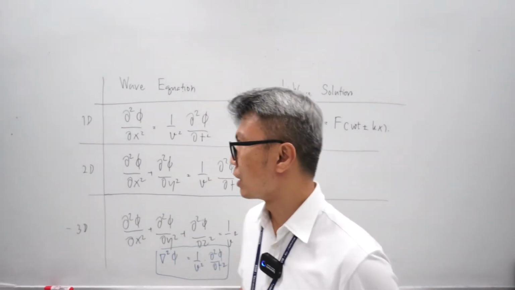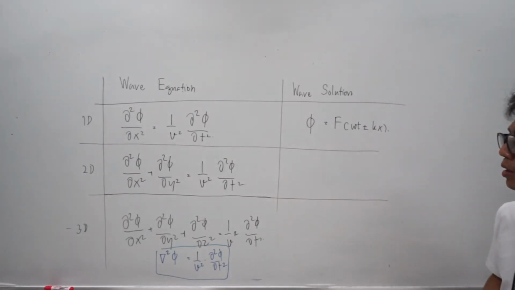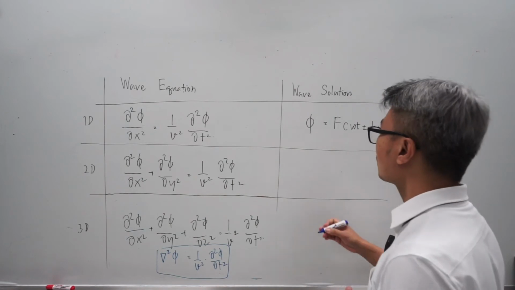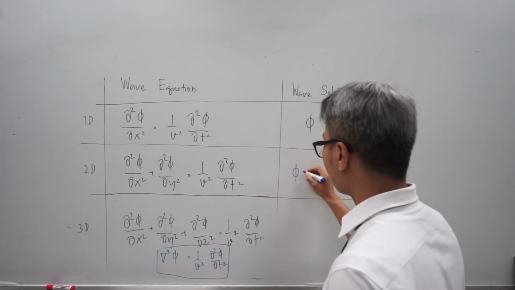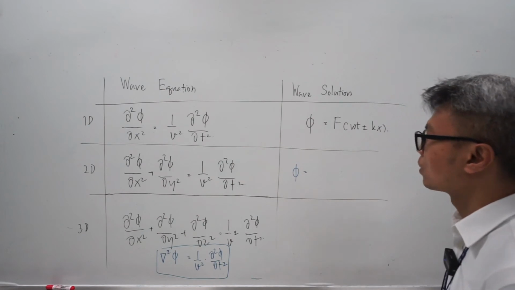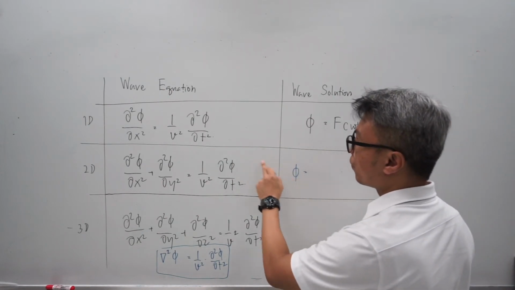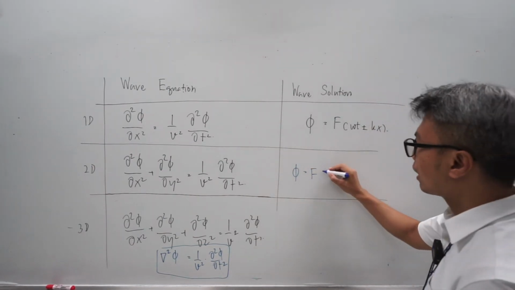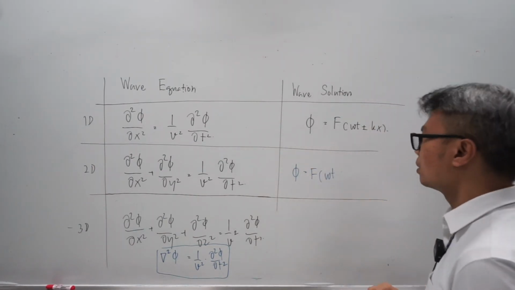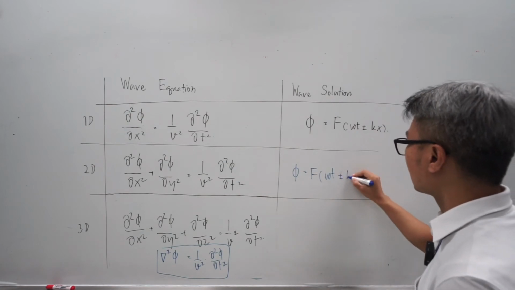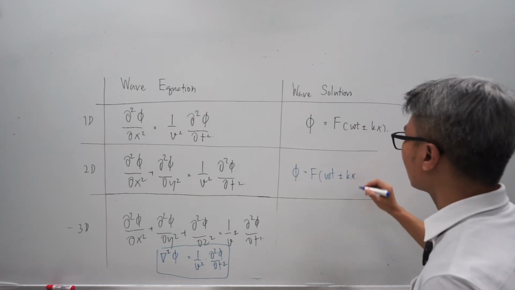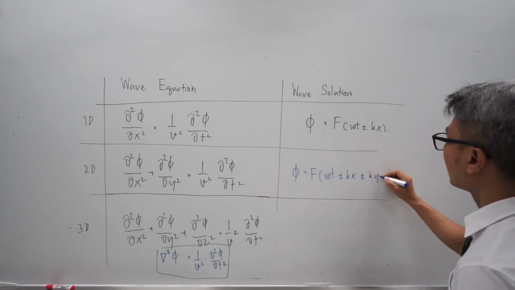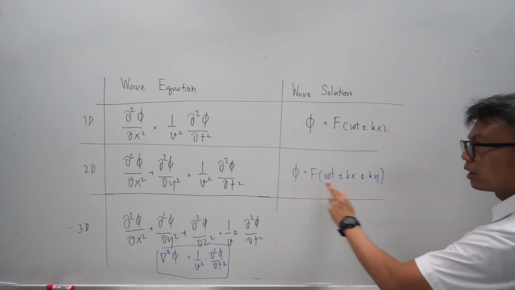The wave solution in 2 dimensions and 3 dimensions is also quite intuitive. For the 2-dimensional wave solution, the solution can be written as follows. The phi, or the solution of the wave equation, can appear as any function that contains the omega t term, plus or minus the wave number multiplied by the motion in the x direction, plus or minus k multiplied by the motion in the y direction.